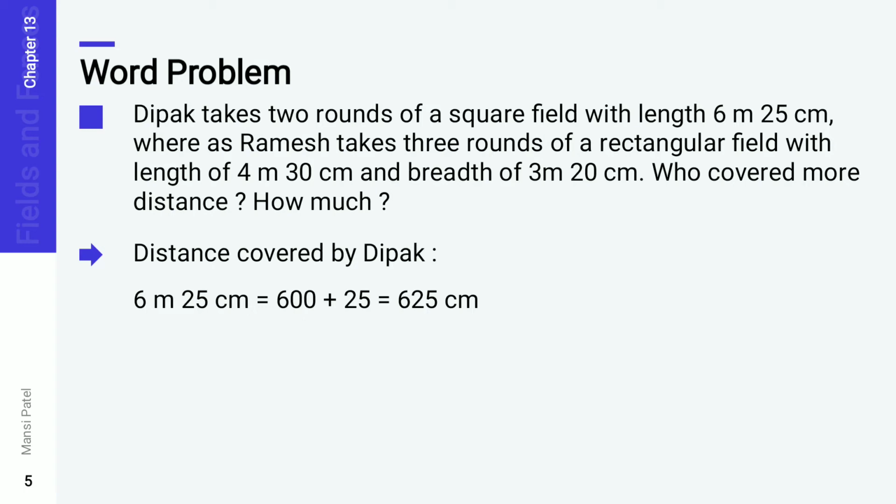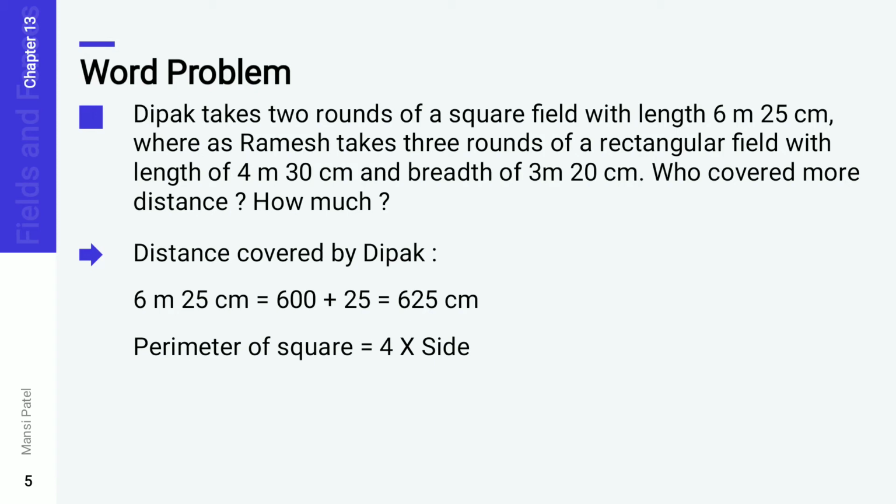So 6 meter and 25 centimeter. 6 meter is equal to how many centimeter? 600 centimeter. So 600 centimeter plus 25 centimeter is equal to 625 centimeter. Now we have to find out the perimeter of the square, because Deepak takes 2 rounds in the square field.